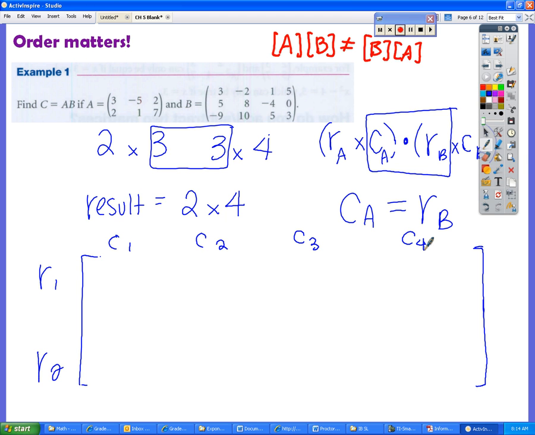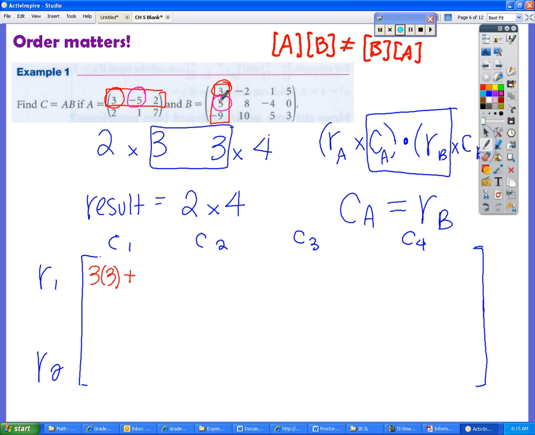So if I want to find the term that goes in row 1, column 1, I would take row 1 and column 1, and I would turn the row so that it multiplies with the column. What I mean by that is this first 3 would multiply with this 3. Then you would add on the 5 times 5.